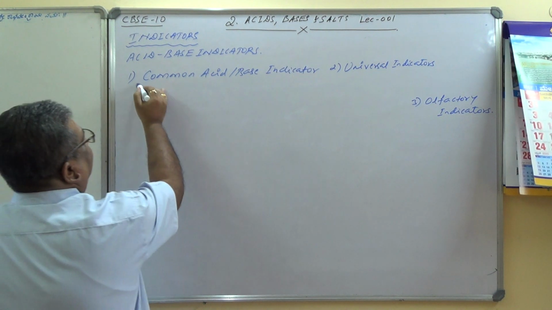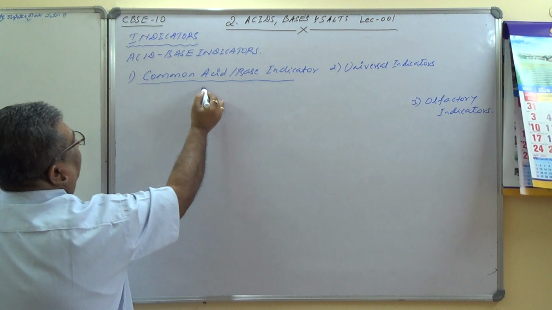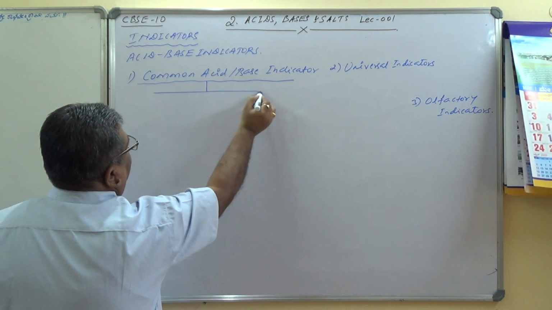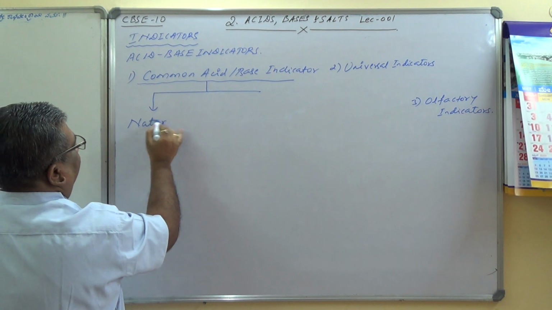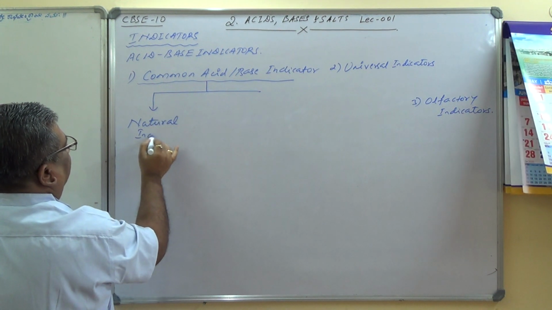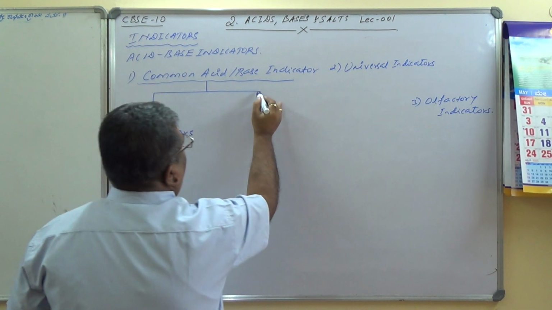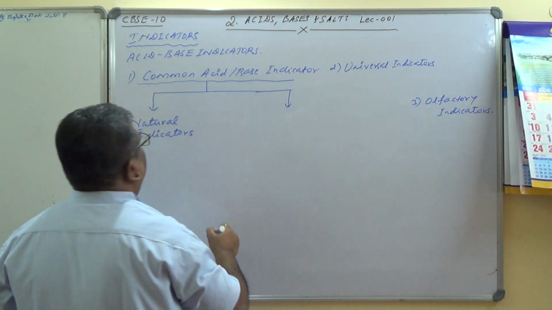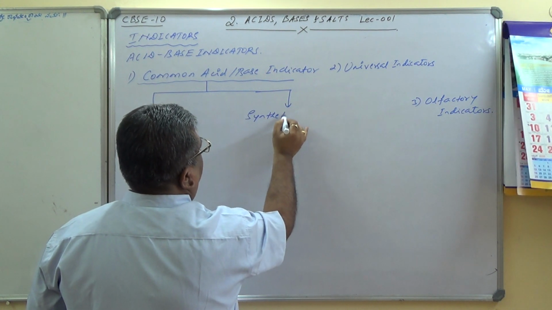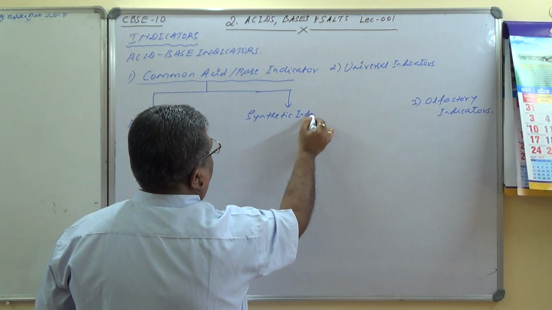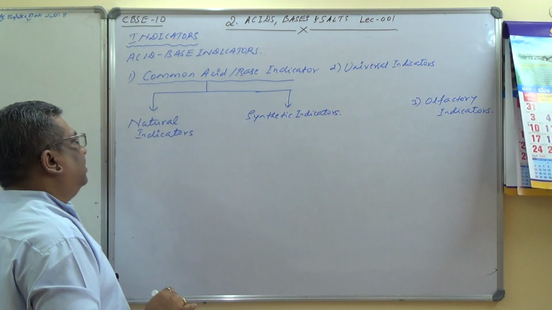So what are common acid base indicators? In common acid base indicators, there are two categories. One is natural indicators, and also you have synthetic indicators.